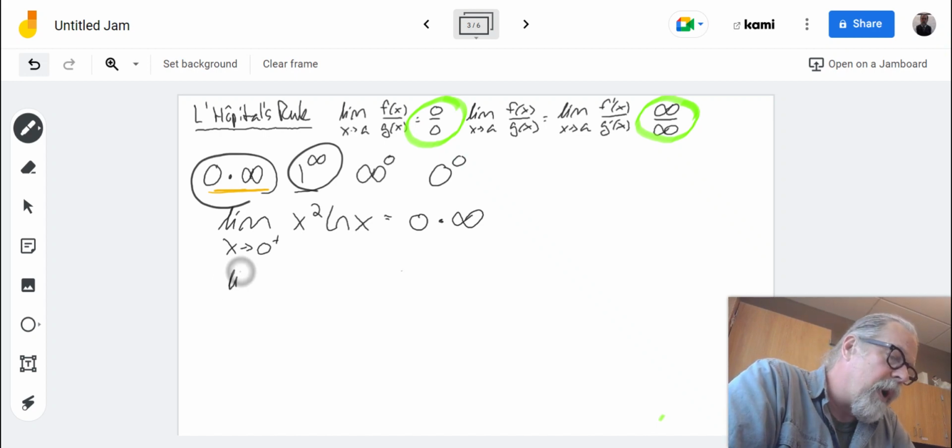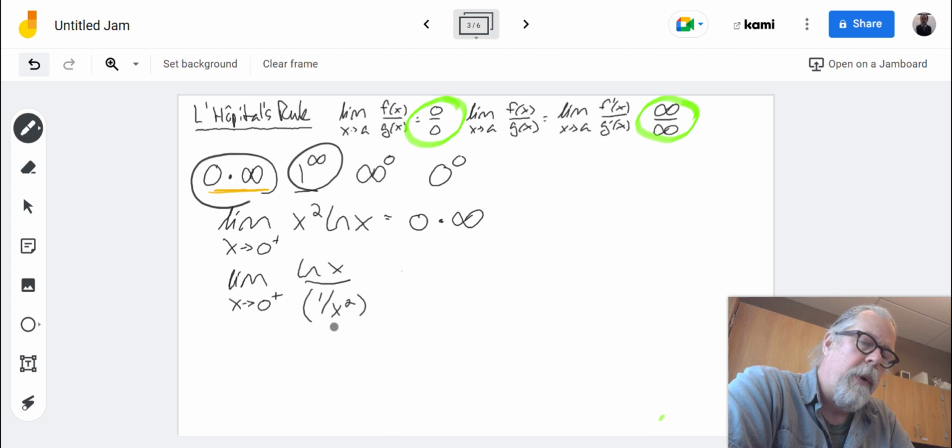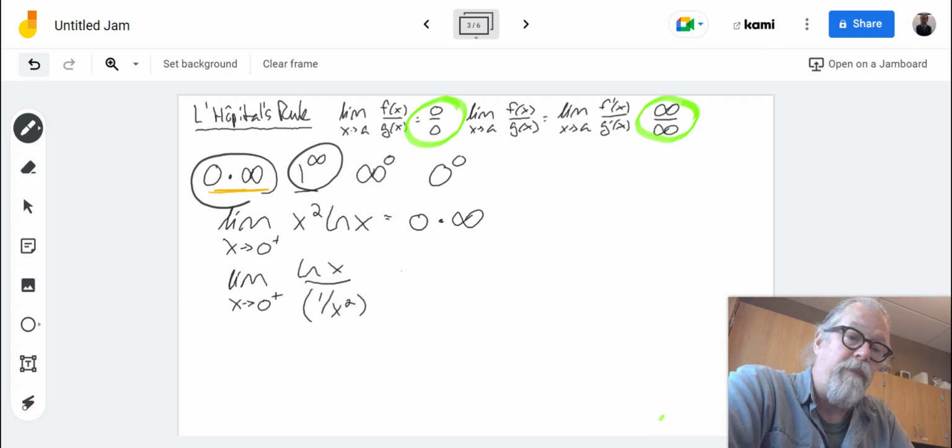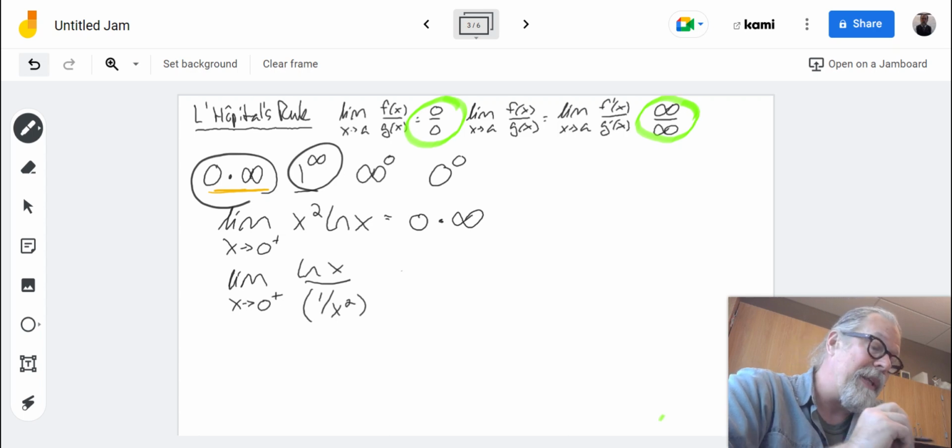So we're going to rewrite this as the limit as x goes to 0 from the right of natural log of x divided by 1 over x squared. Natural log of x, negative infinity. 1 over x squared, positive infinity. This is infinite over infinite. And therefore, we can do L'Hopital's rule.